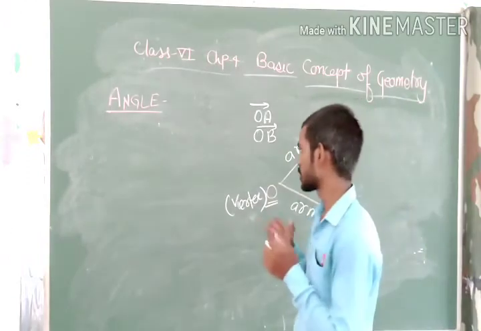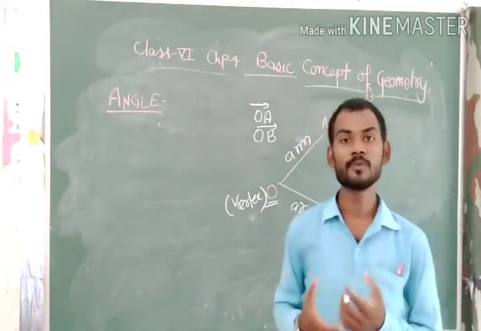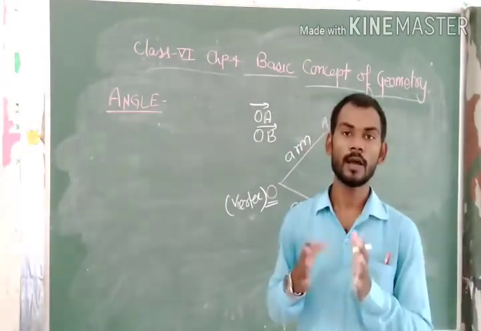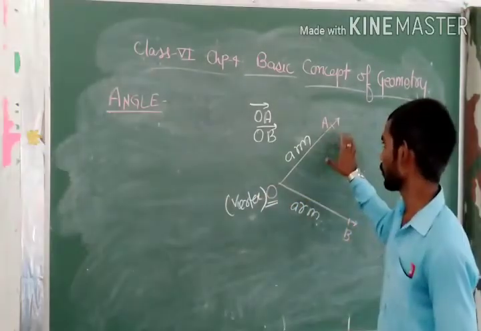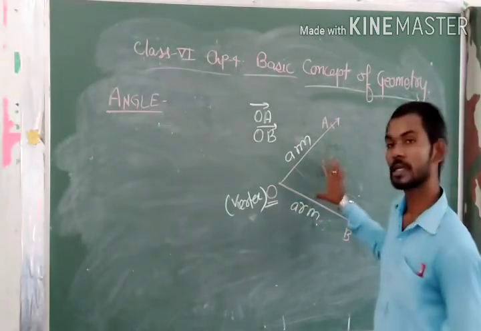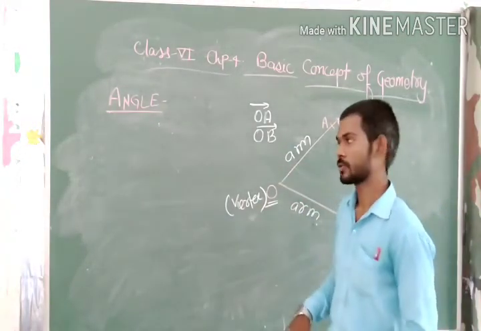Now let's see how we give the name of an angle. Let us see that if AOB is an angle.